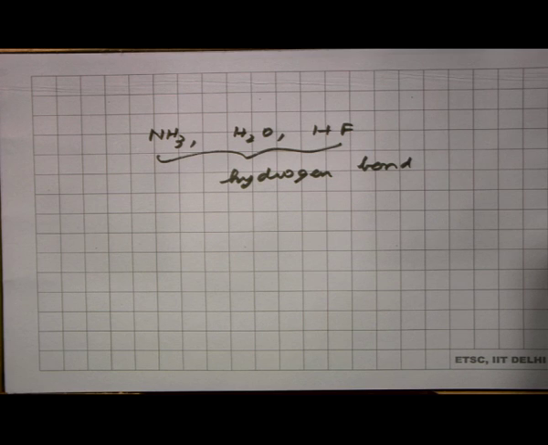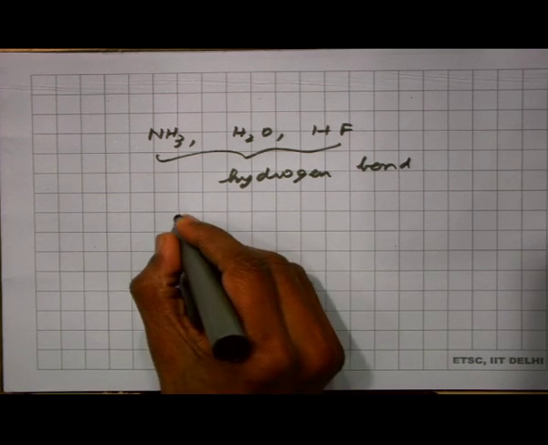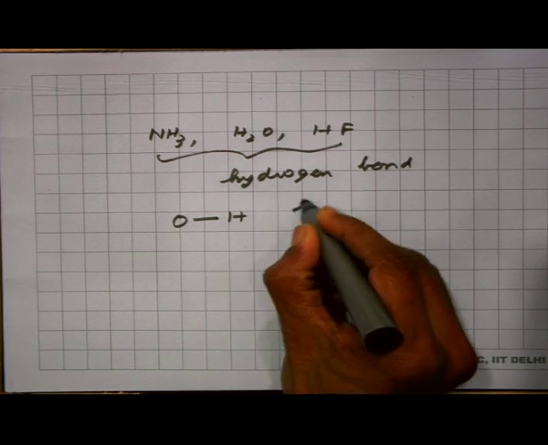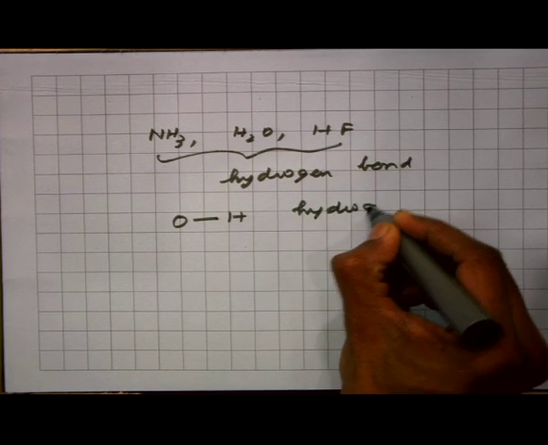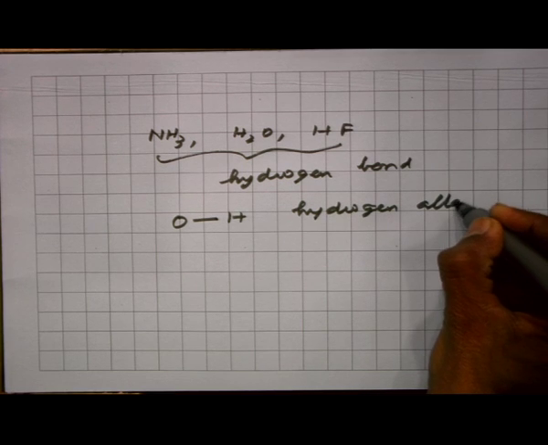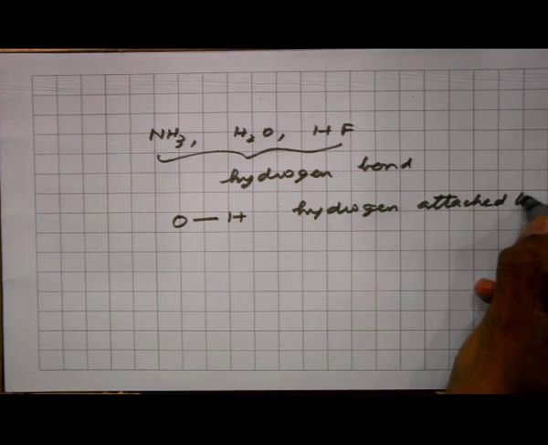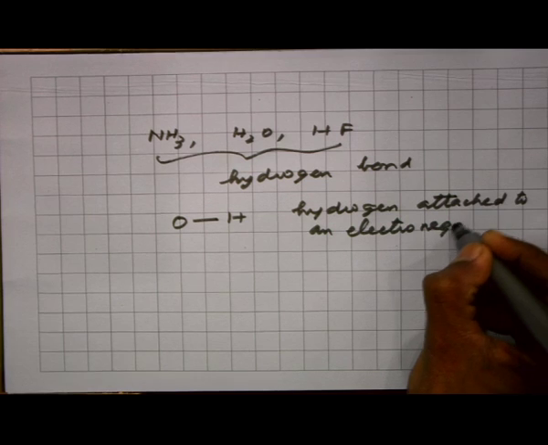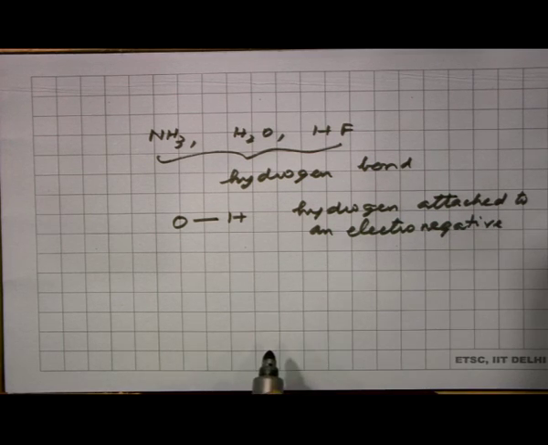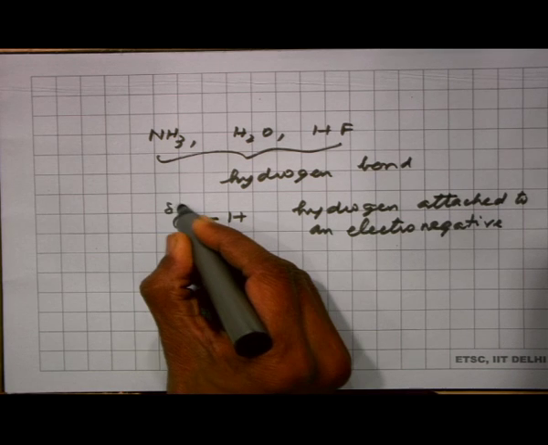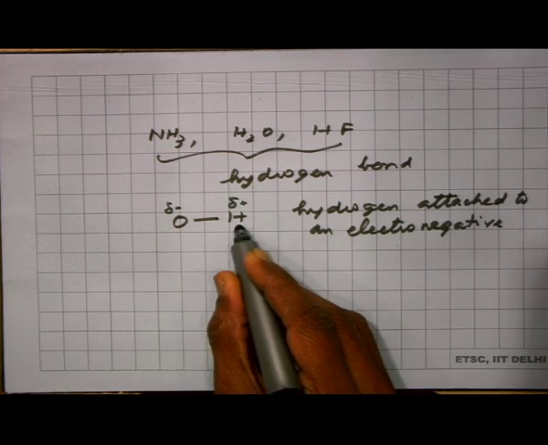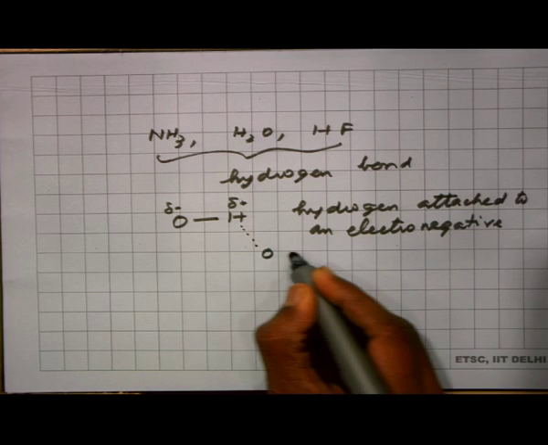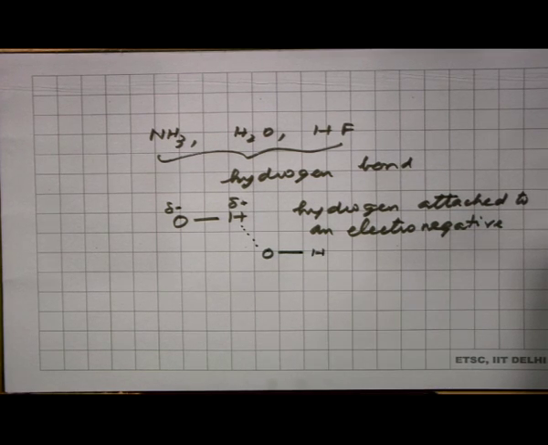So, what is the hydrogen bond? If you have a hydrogen attached to an electronegative atom, so this will become delta minus, H delta plus, then this hydrogen atom could be shared with another electronegative atom like this.